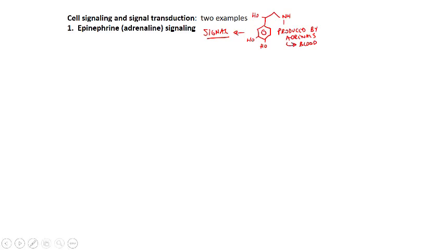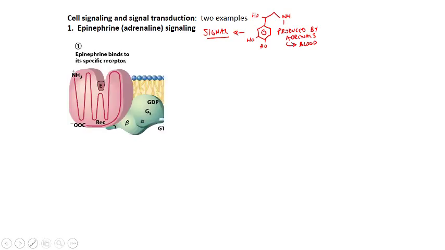All right, so what happens next? So what happens next is after epinephrine floats around in the bloodstream, it makes its way to its specific cell surface receptor. So this would be our receptor. The epinephrine receptor is a molecule called the beta-2 adrenergic receptor, beta-2AR.